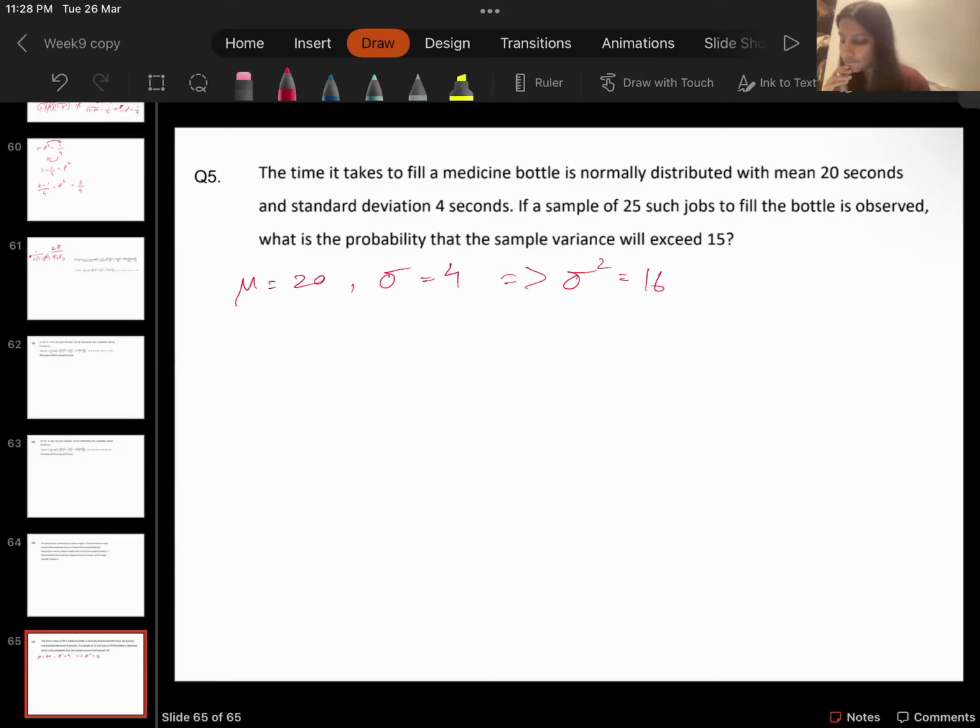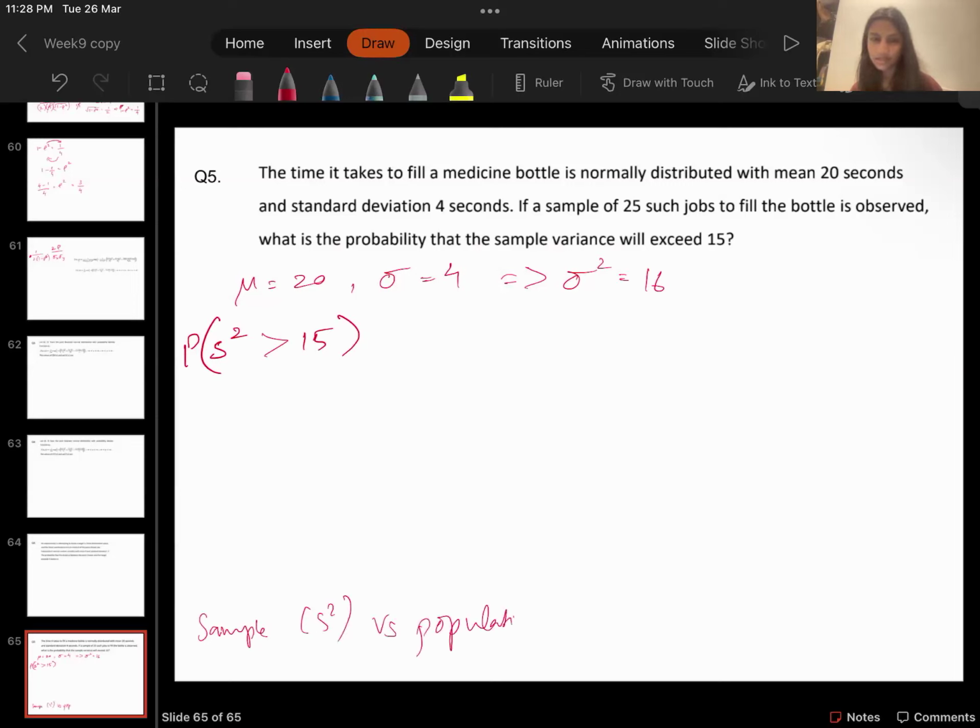So if a sample of 25 such jobs to fill a bottle is observed, what is the probability that the sample variance, s square, will exceed 15? If you remember, we saw the sample s square versus the population variance sigma square.